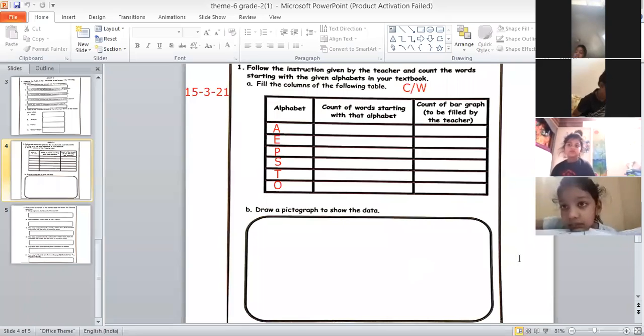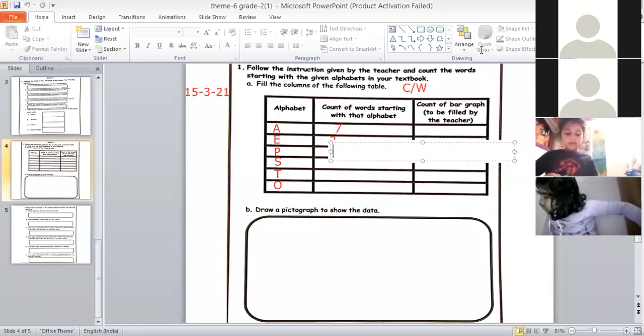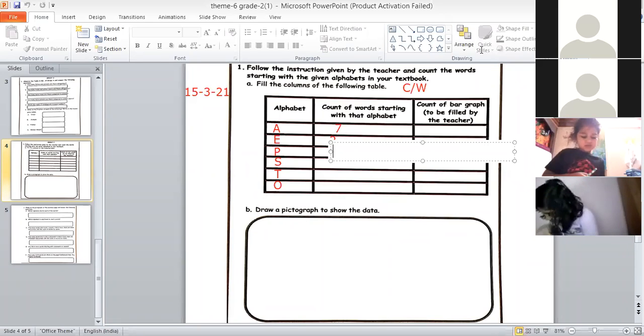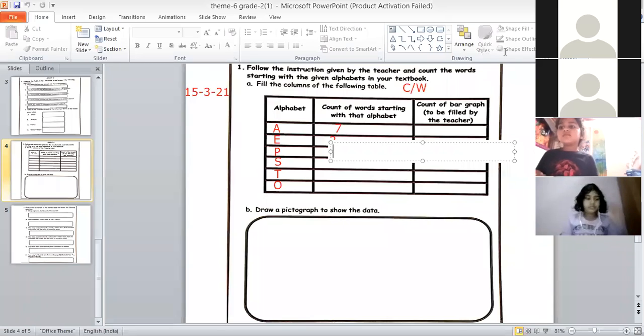Yes, ma'am. One. Yes, there is only one word which starts with letter P on page number 1. That is place. Very good, Ashwita. So we will write 1 in third row of second column. Okay, that's correct. Good.